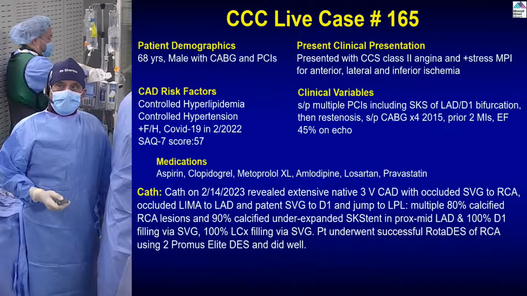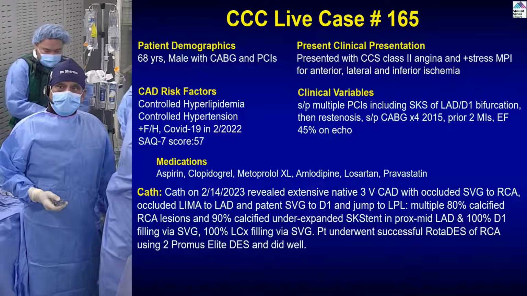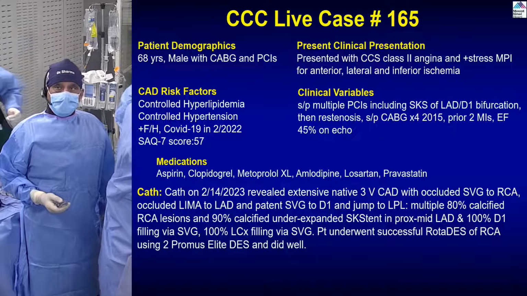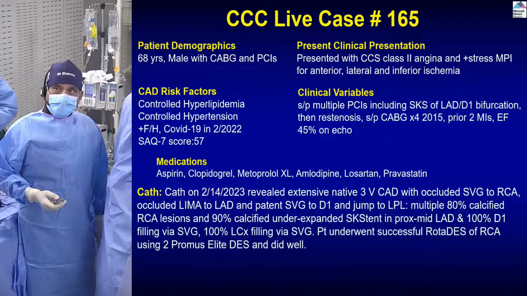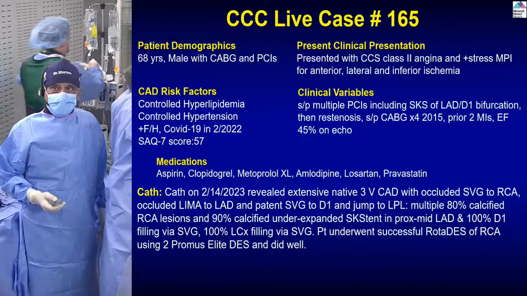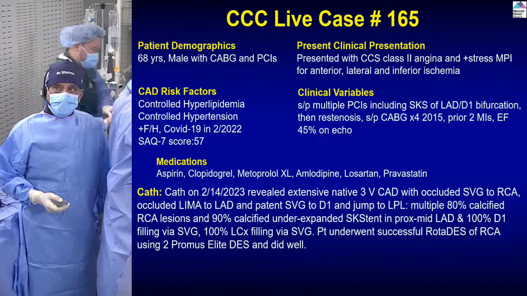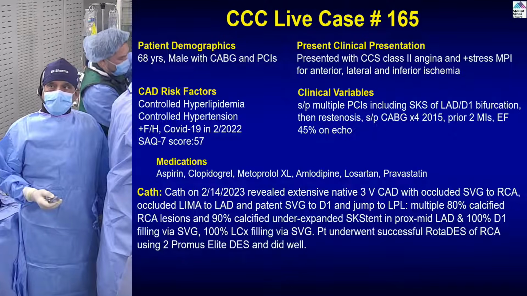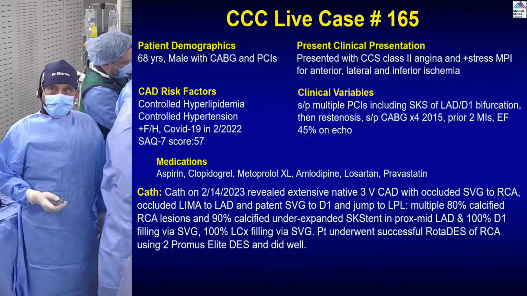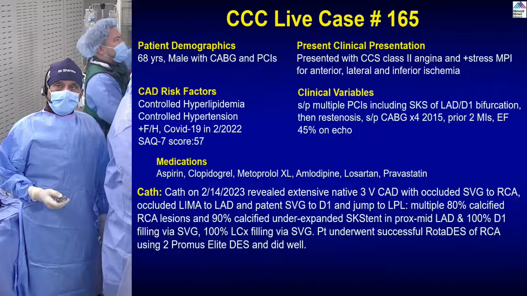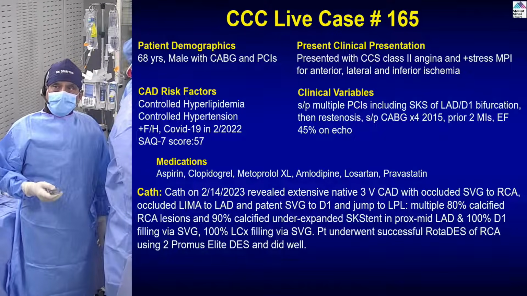Then disclosures, no change. This is case number 165, a 68-year-old male with CABG and PCIs who presented with angina and a positive stress test. He basically had a 4-vessel bypass after restenosis of multiple stents, including SKS of the LAD-D1 bifurcation, and then came with angina.